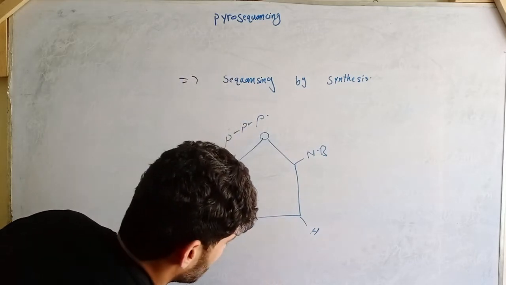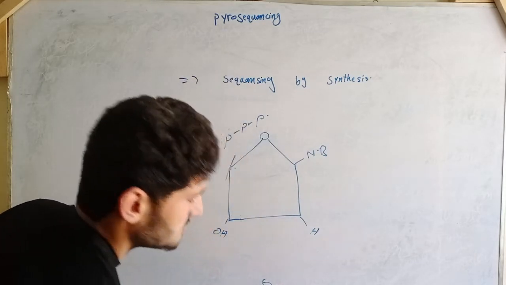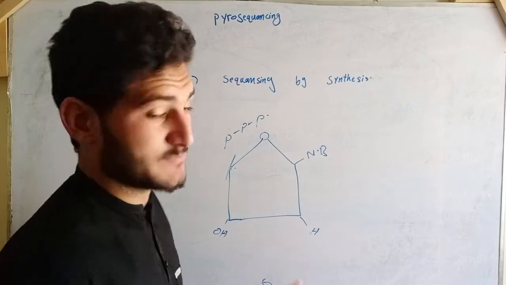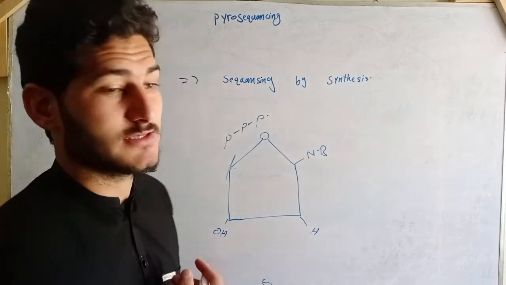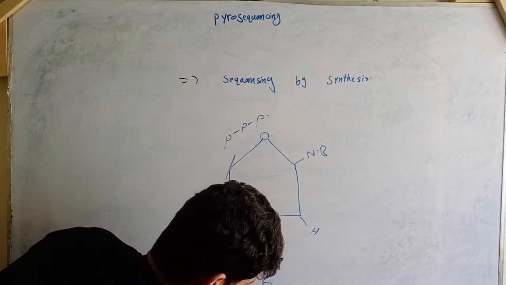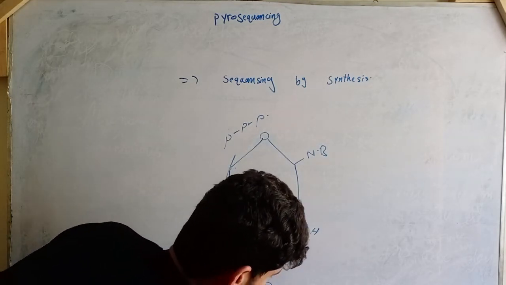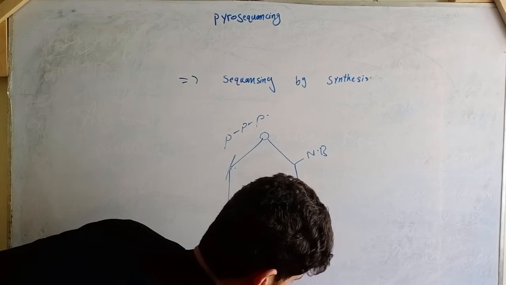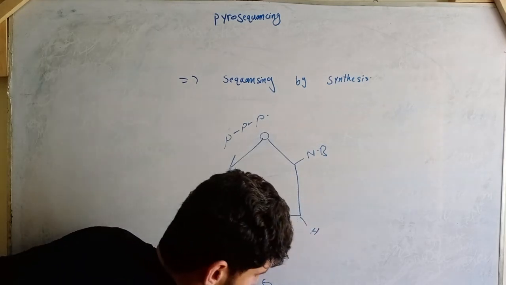And then this is another nucleotide. We will explain how pyrophosphate is formed during pyrosequencing. So here, this is another dNTP.